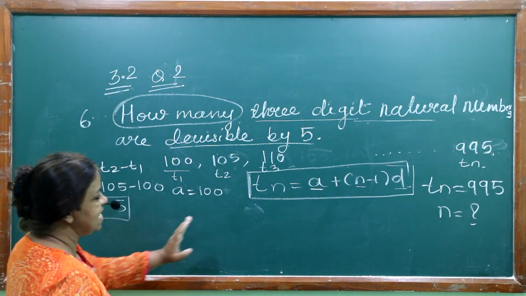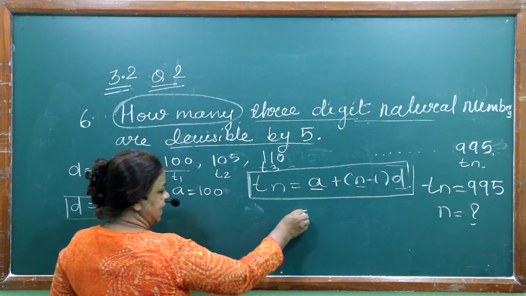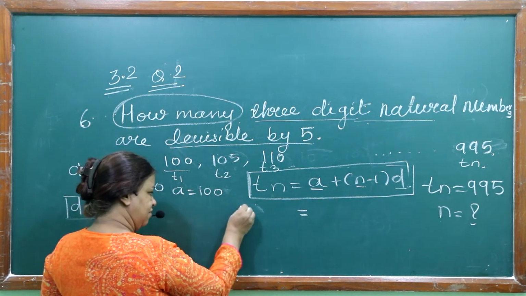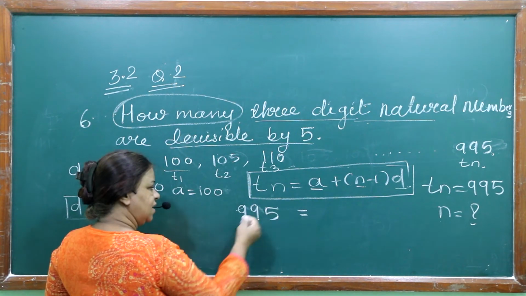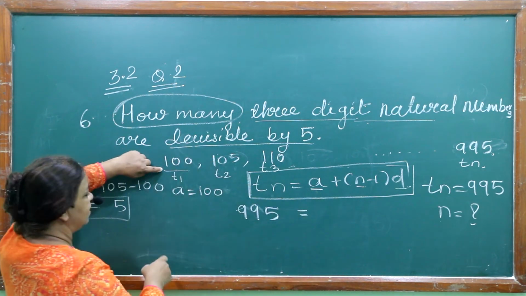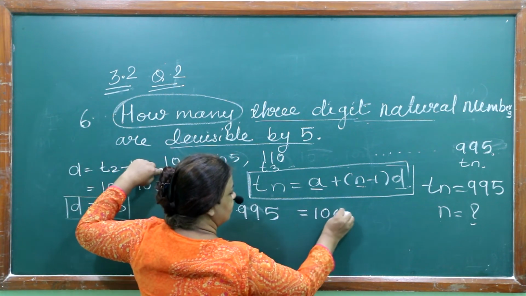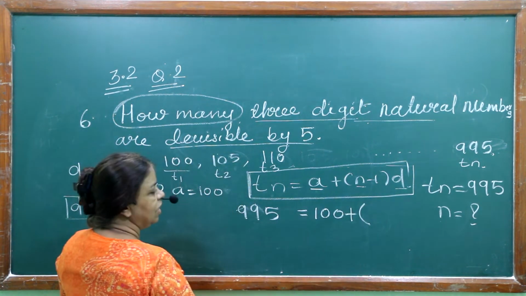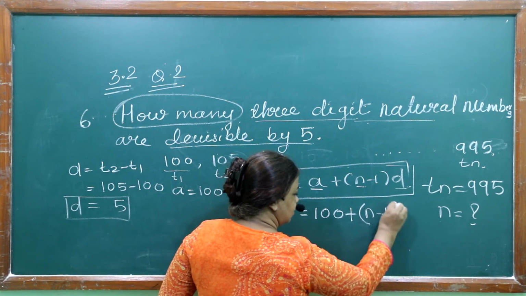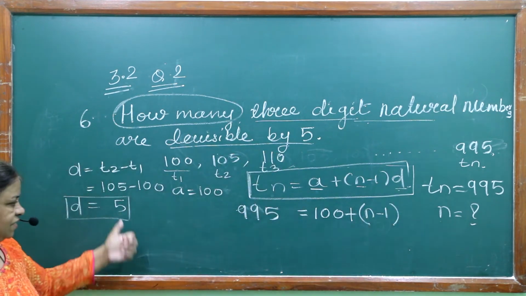Place the values of D and A. And Tn, what is Tn? 995. Correct. What is A? A is 100. Plus n we need to find out. D is 5.